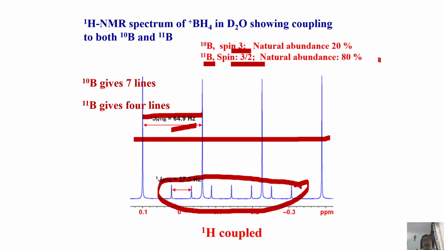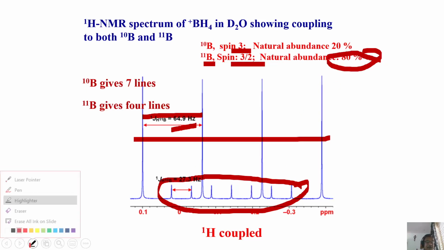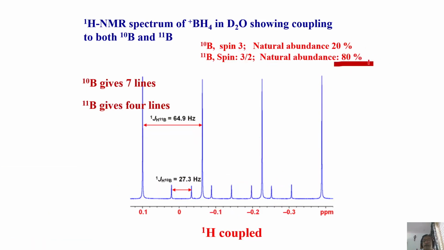The reason is B11 is 80% abundant and B10 is 20% abundant. As a consequence, the intensity ratio is 20:80, so it should be a 1:4 intensity ratio. And that is what you are seeing. And this gives you boron 10 proton coupling.